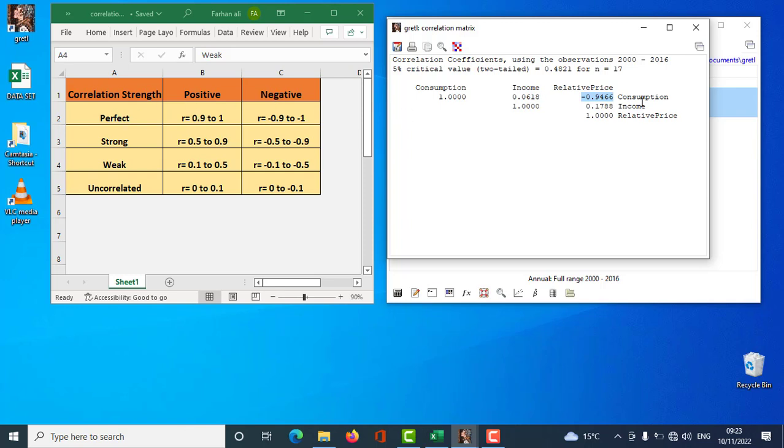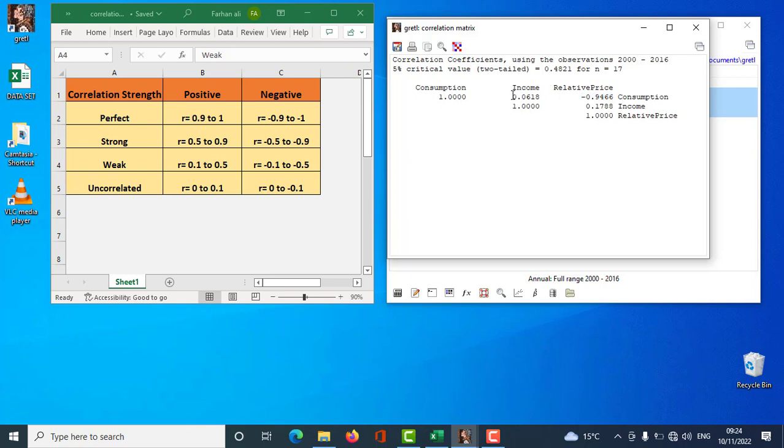So the relationship between relative price and consumption is perfectly negatively correlated, or negatively and perfectly correlated. These variables are correlated with each other perfectly and negatively.